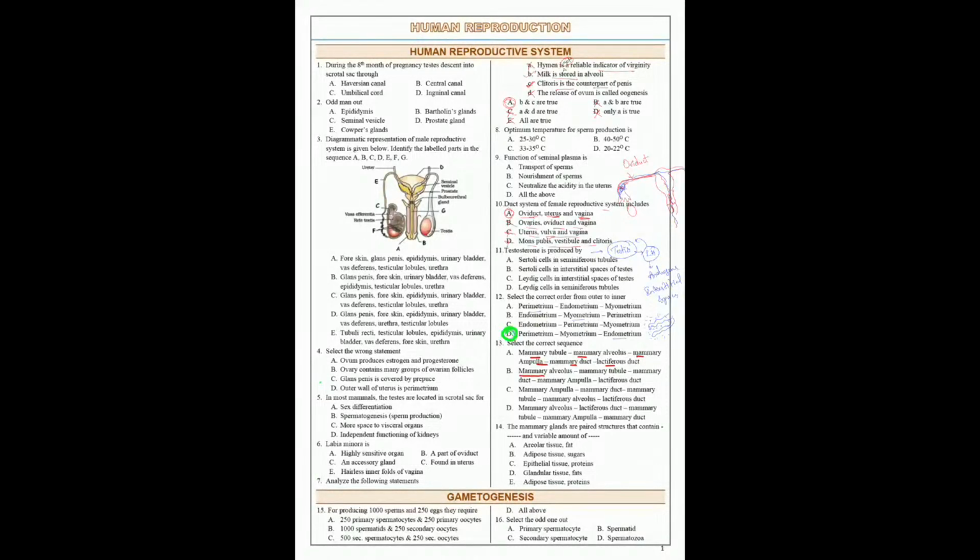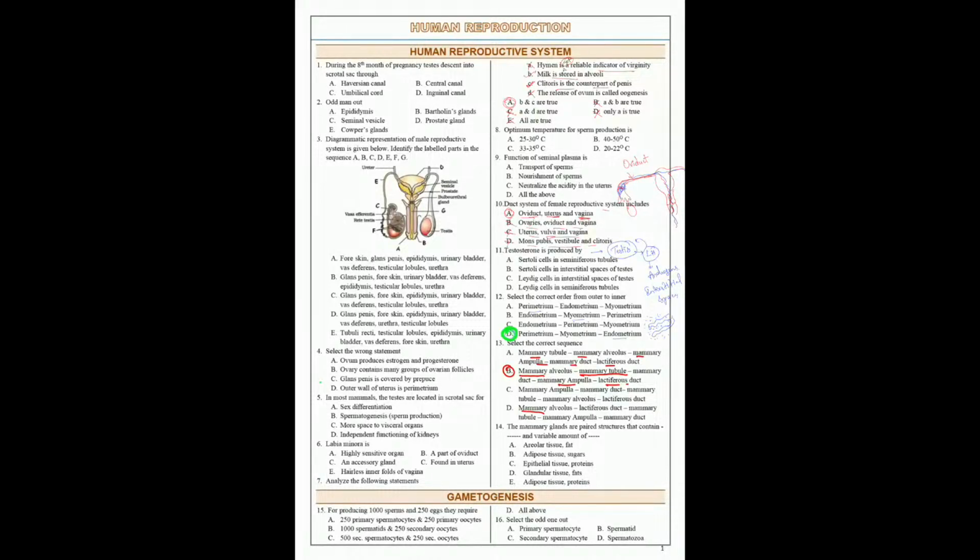So it is given here and here. Mammary alveolus. From that, mammary tubule will be there. So mammary tubule, mammary duct, mammary ampulla, and lactiferous duct. So this should be the correct answer. Okay, so this is the correct sequence of mammary gland.